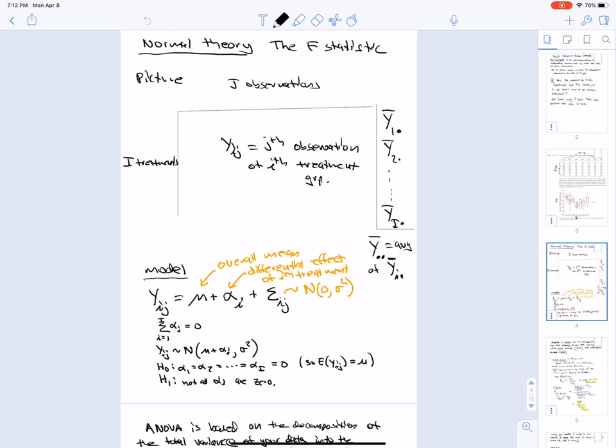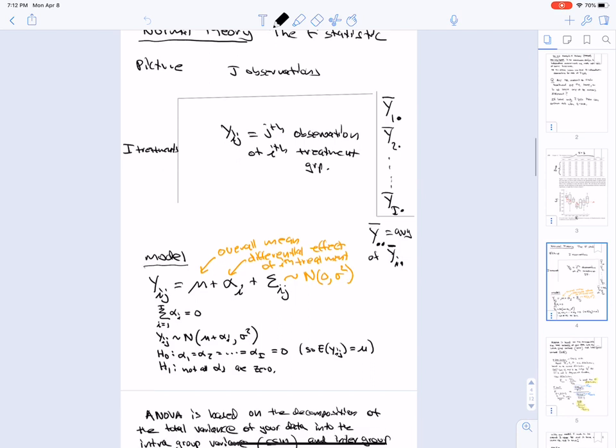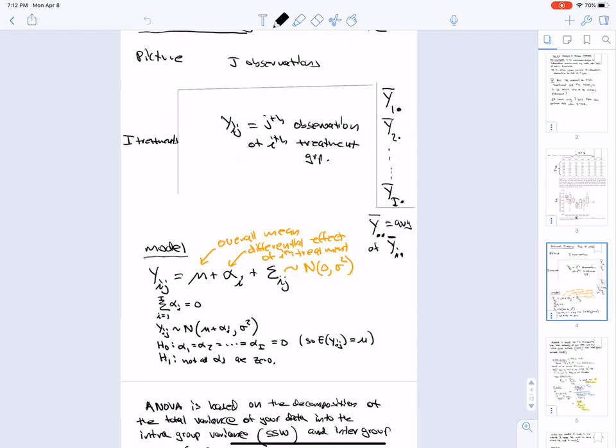It would be mu plus alpha i. But we have some variation in the values of the ith treatment group, and that variation is normally distributed, centered at mu plus alpha i, and with variance sigma squared. We normalize the alpha i so that their sum is 0. The null hypothesis is that all the alpha i's are 0, and the alternative is that not all the alpha i's are 0.